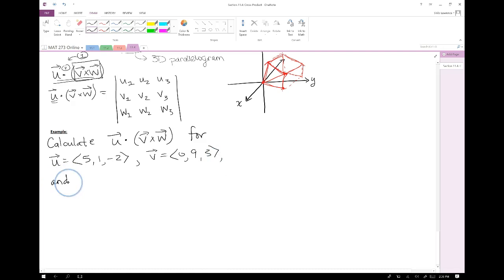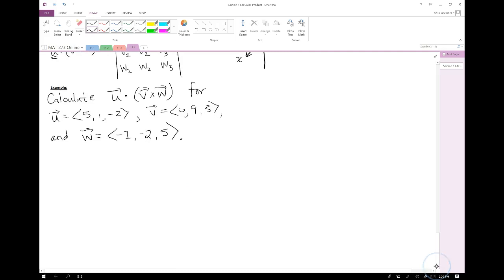And W equals negative 1, negative 2, 5. So we could throw all of this into one single calculation using one single matrix, but instead of our IJK row, we're going to put the components for U. So 5, 1, negative 2, 0, 9, 3, negative 1, negative 2, 5.